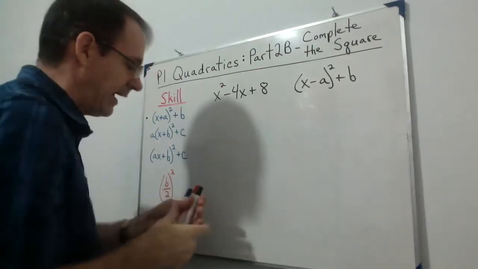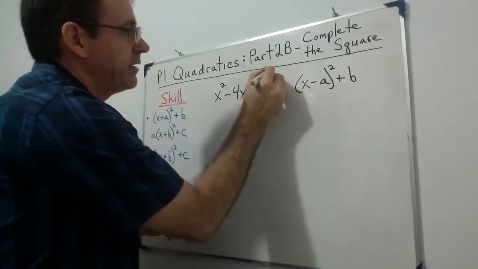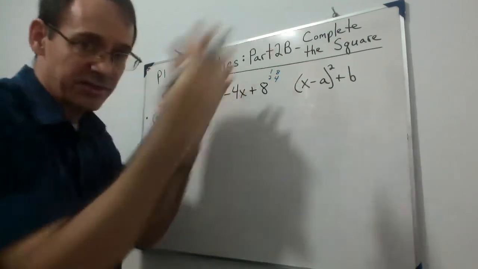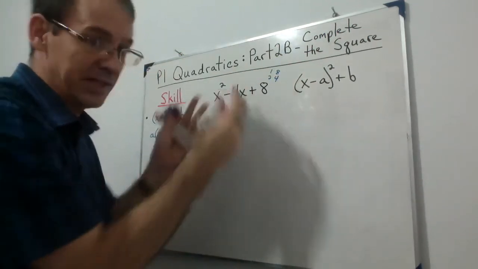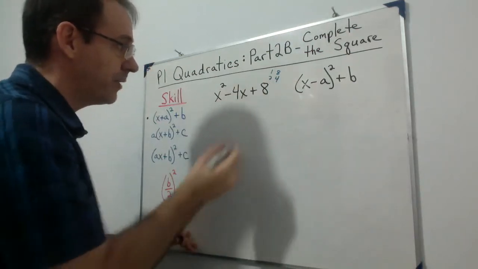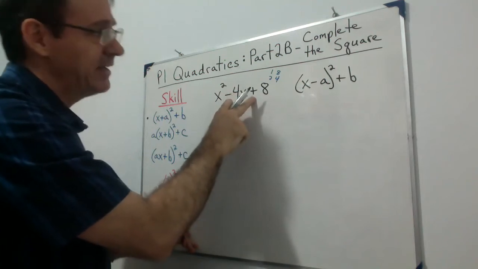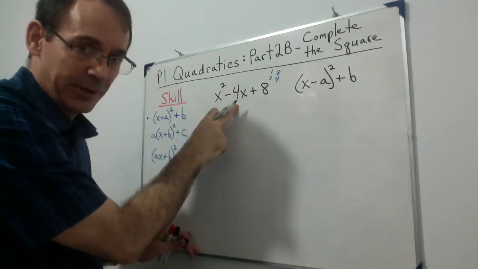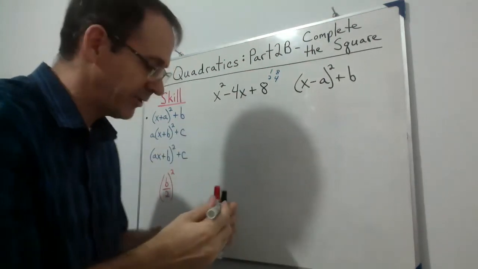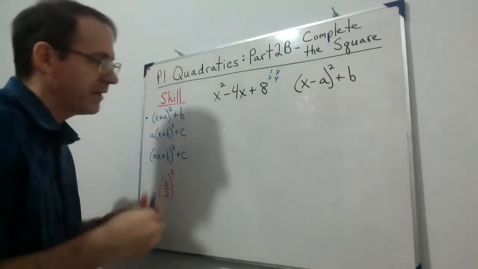Then we look at 8, and of course, we don't expect it to be able to factor because completing the square kind of assumes it can't factor. And so factors of 8 are 1 and 8, 2 and 4, and you cannot add these to get a negative 4. Okay, so this number does not work. You can't factor it. So we're going to move that 8 over.